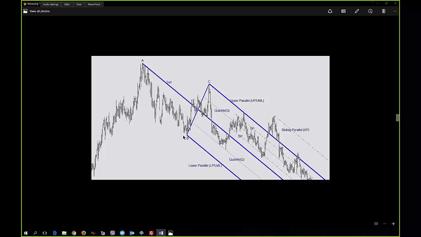One of the reasons a lot of people use Andrew's pitchforks is that, think of it like a sine wave, it's trying to give you the current ups and downs, or momentum, of the market. Using that, you can see how we are moving in the trend. So we then copy the median line, and when we copy those median lines, we call them sliding parallels.